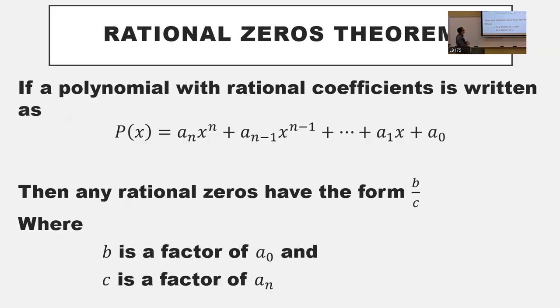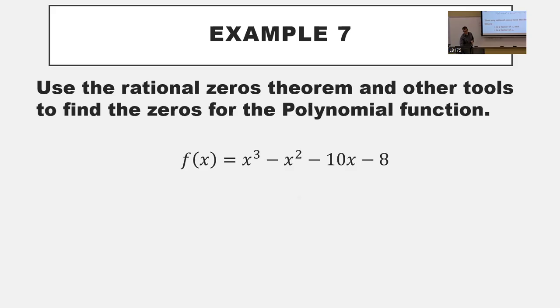So if we have a polynomial whose coefficients are rational numbers, then any rational zeros are going to have the form b over c, where b is a factor of the constant and c is a factor of the lead coefficient. So this gives me a place to look for zeros. I'll talk about why this has to happen in just a moment.